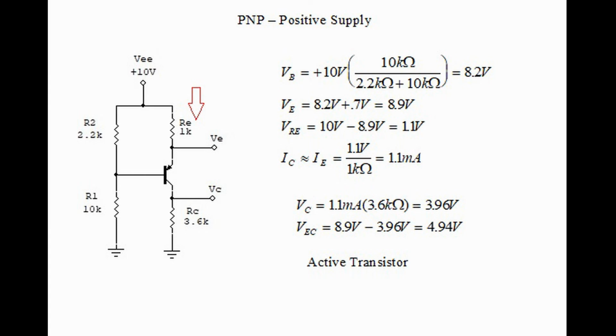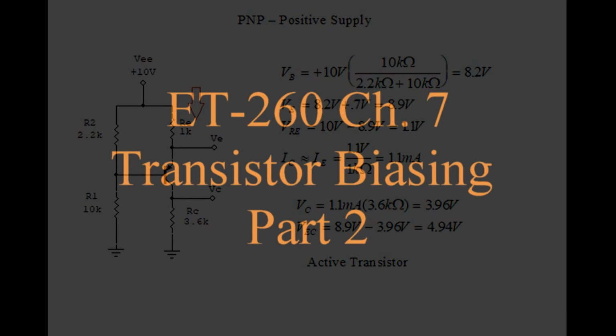Then voltage on the collector resistor is 1.1 milliamp times 3.6 kiloohms, that equals 3.96 volts. Finally, VEC, remember we're in reverse, is equal to 8.9 volts minus 3.96 volts, that equals positive 4.94 volts. Once again, we have a positive number, which means we have an active transistor.